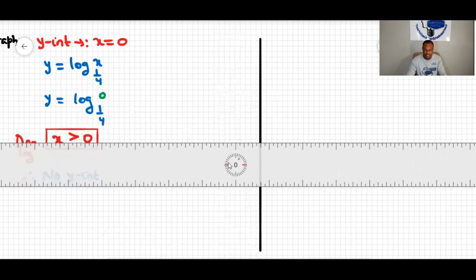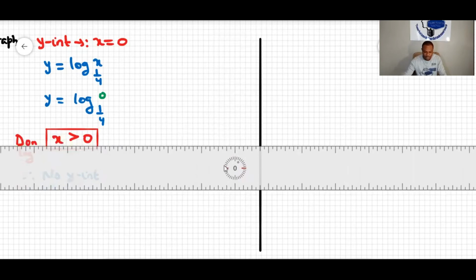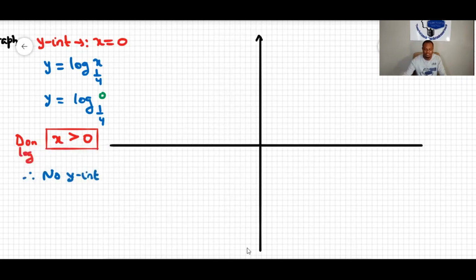Now I draw the x-axis. See, the x-axis passes through here. So this is the y-axis, and then the x-axis. Then comes the trick. There are ways we can do that. We can use the previous information to draw this.